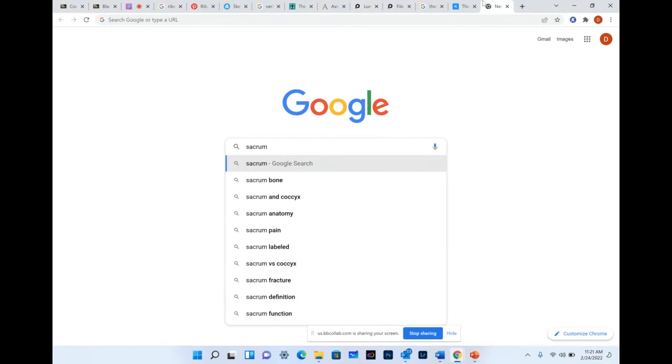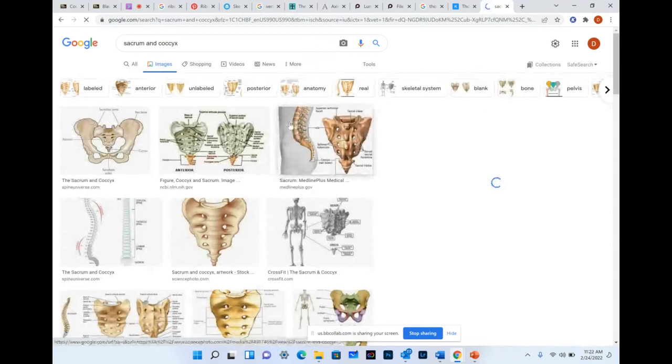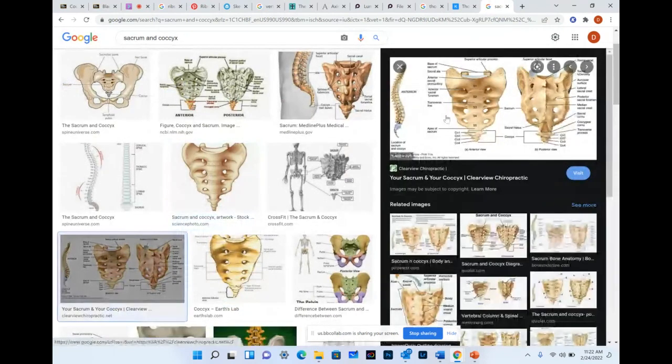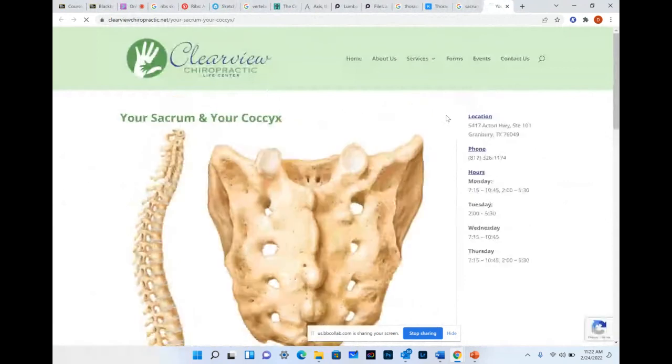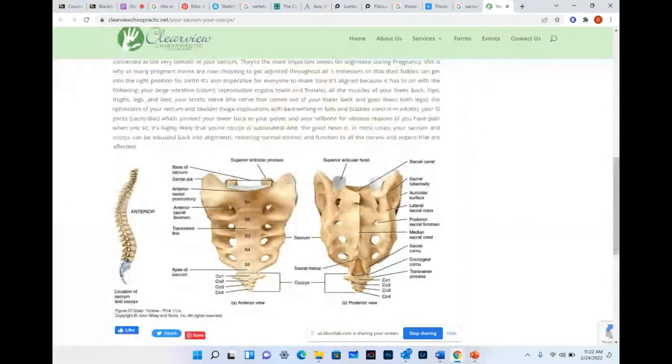Sacrum bone and coccyx. Let's do both. Sacrum and coccyx. Okay. When you look at it, this is how sacrum looks like.